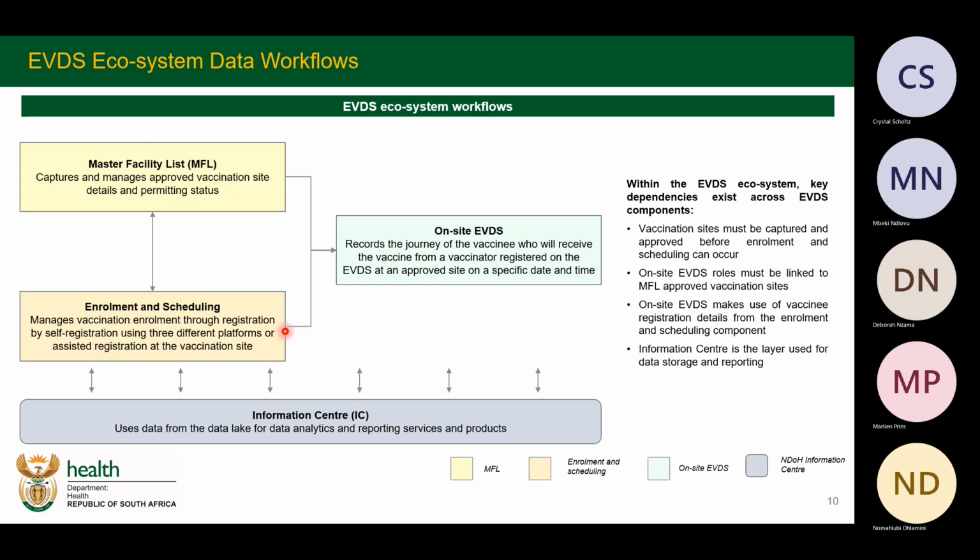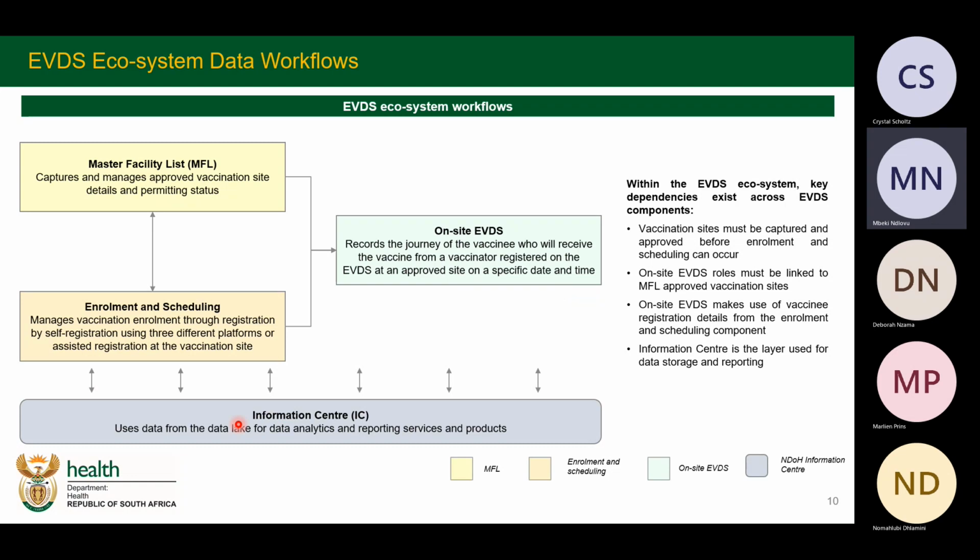As these processes are happening, data gets pulled onto the Onsite EVDS, where there is the recording of the journey of the vaccinee who will receive a vaccine from the vaccinator registered on the EVDS at an approved site and on a specific date and time as well.